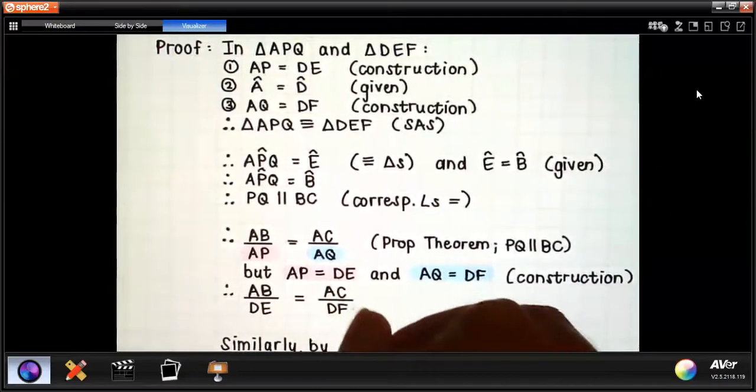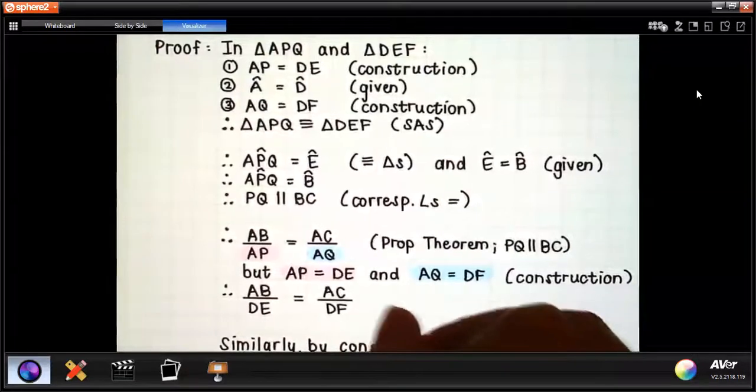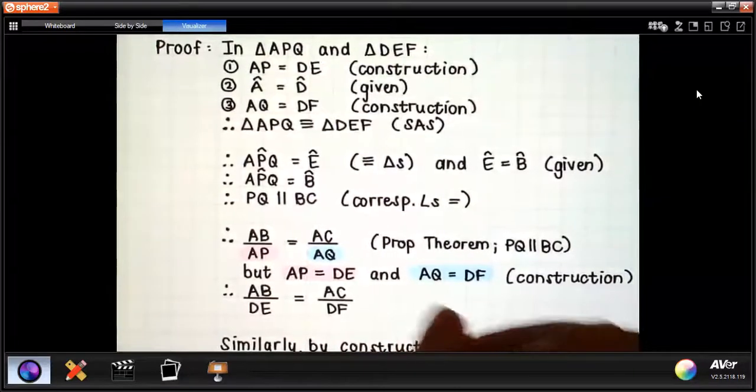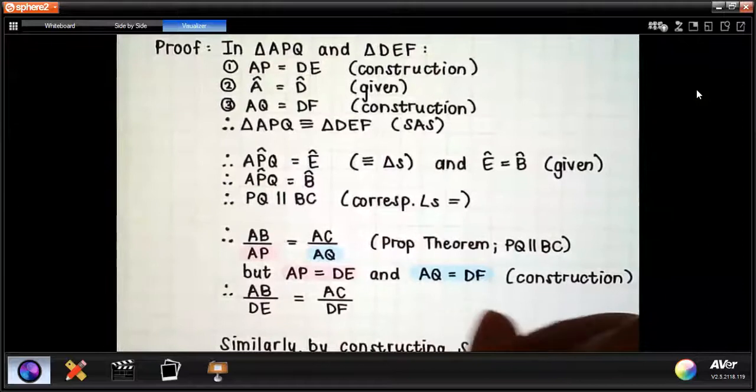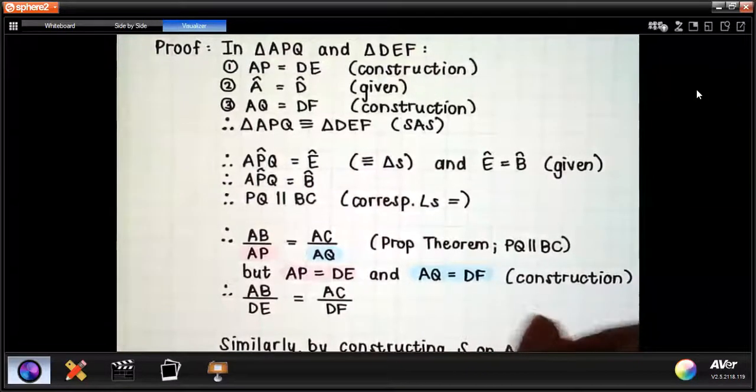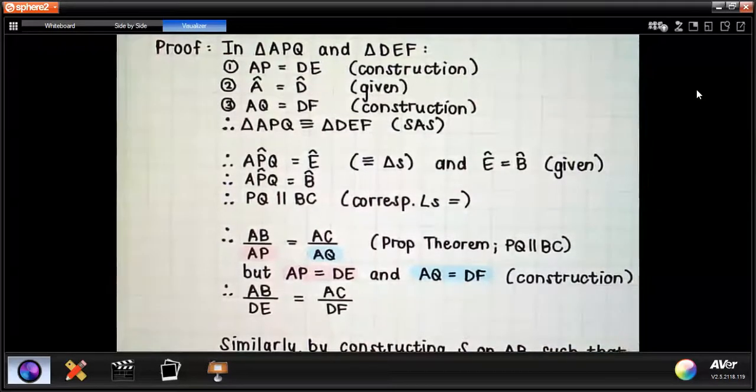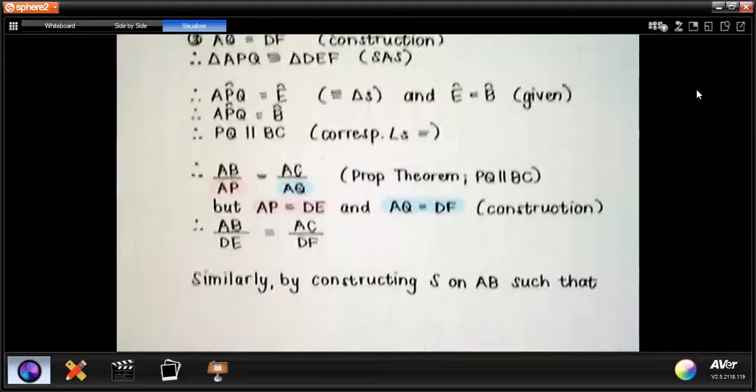by constructing, and now you can just choose whichever letters you wish. I'll say S on AB such that, oh sorry, that's off the screen, I wasn't aware.